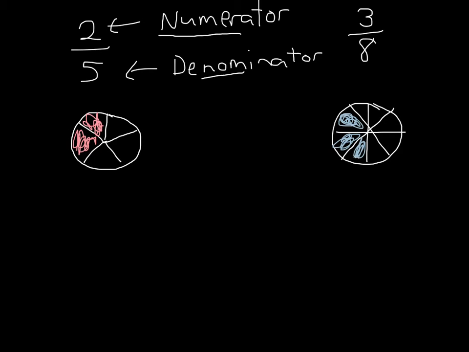Now, some people want to say, oh, eighths are smaller, it must be 2/5. Or some people want to say, hey, we've got 3 shaded blue and 2 shaded pink, it must be 3/8. But I hope you recognize, we have to keep all of this in perspective, that yes, eighths are smaller than fifths, but you do have more of them.